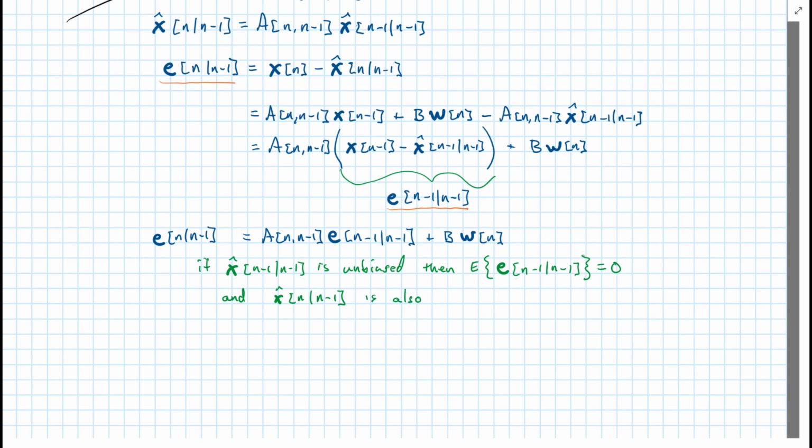And so the entire expression tells us that the expected value of E at time n equals 0. Okay, we wanted an unbiased estimator. So if we have an unbiased estimator, then this update step keeps it an unbiased estimator.